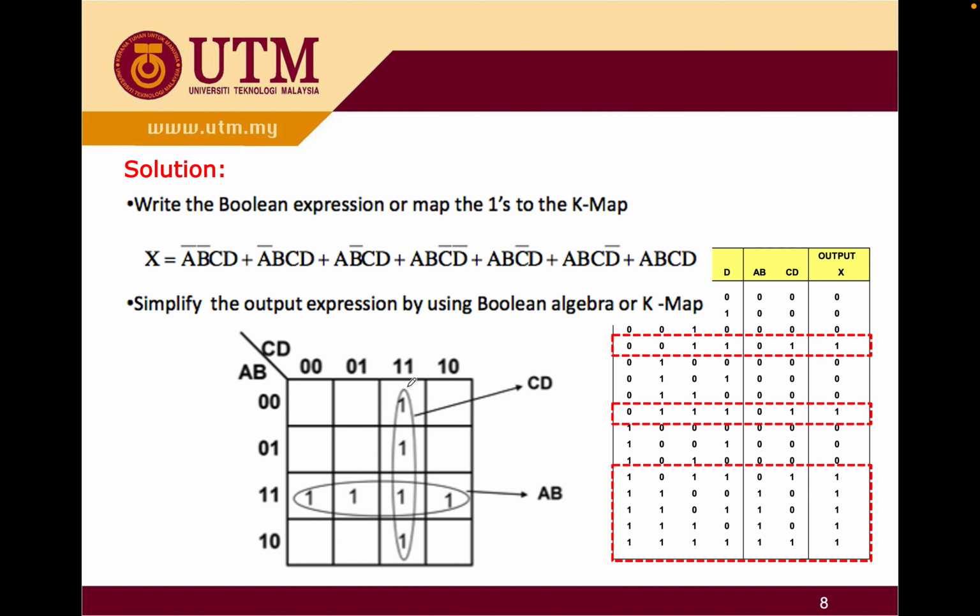After you map, of course you need to do a grouping. This one is in our module 4. So you will get the simplified version, as mentioned last time, by using a K-map.